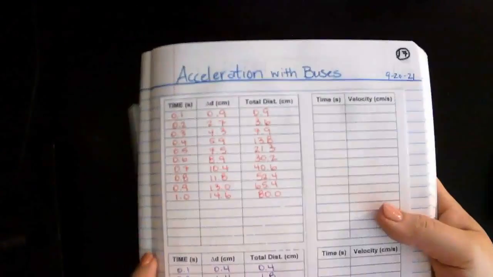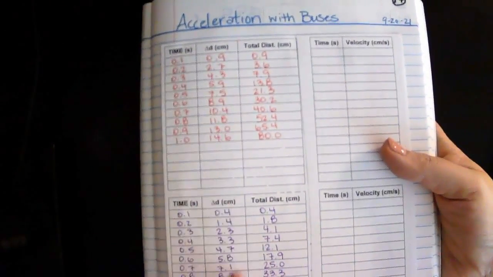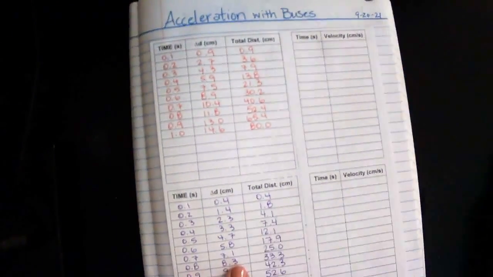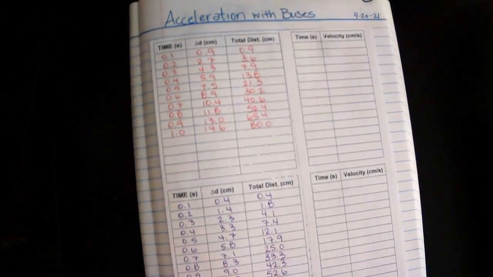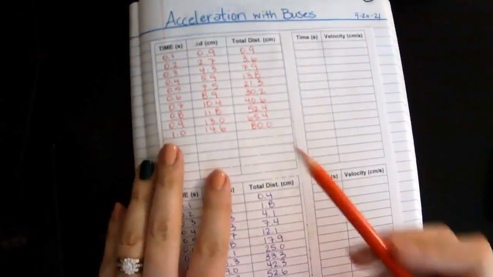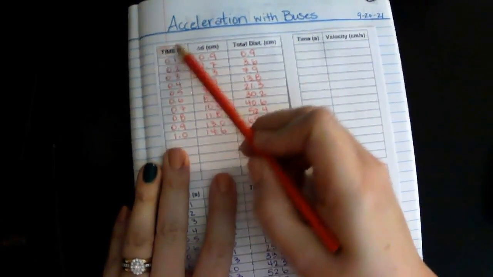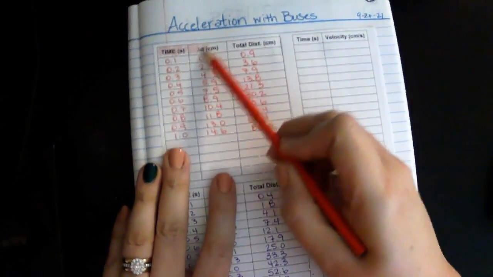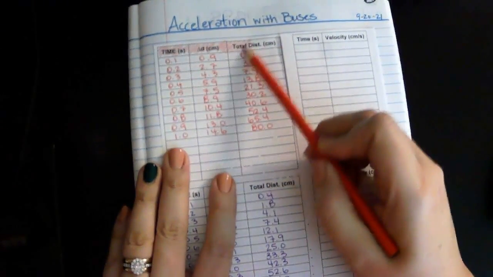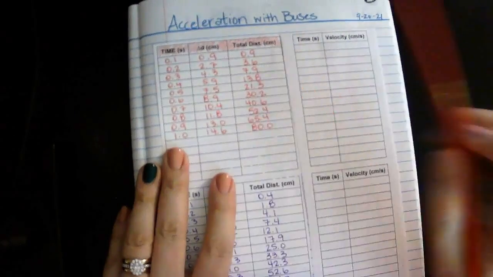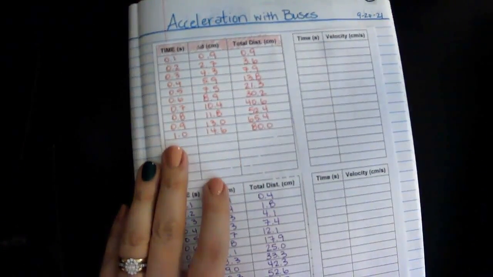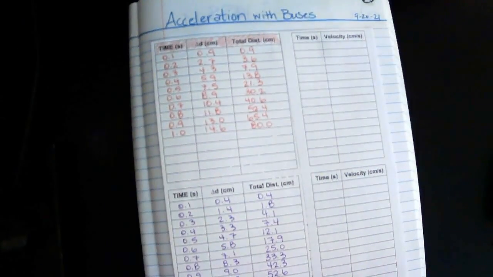Okay. Now you're just going to plot your data. And just like we did with the dune buggy, I want you to take your two charts and I want you to designate a color for each one. Now you can see that I've actually written my data in different colors, but you can also do something like this where you're shading in the column headers, for example, just to remind yourself which one goes with which line.